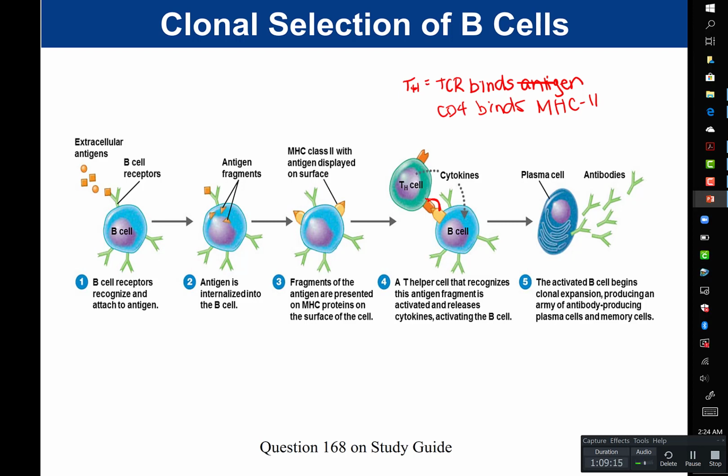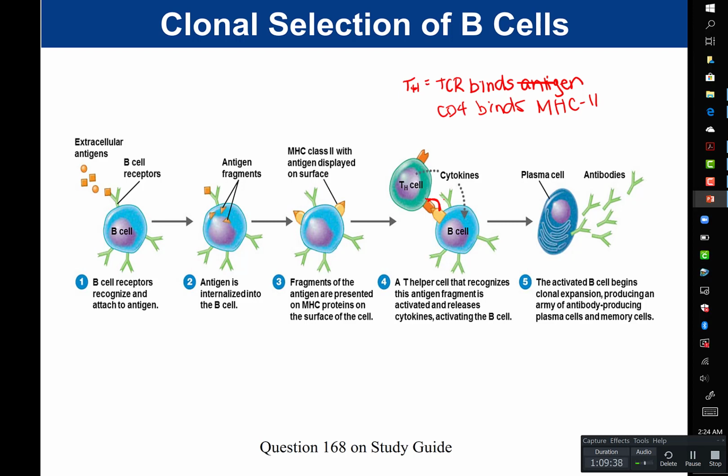But my T helper cell is going to then activate this B cell. And that is going to select for this B cell. That B cell is going to undergo clonal expansion. It's going to be stimulated to divide, right, to produce more of itself, and to differentiate, to become specialized.